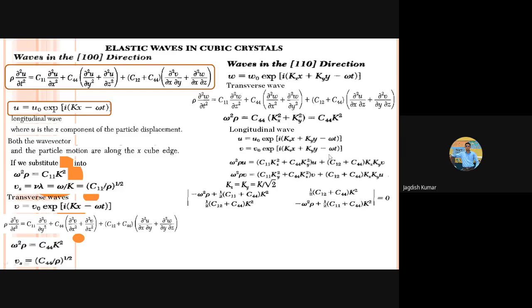You will have something times (U, V) equal to 0, and for this set of equations to have a non-trivial solution, the determinant of the coefficient matrix should be 0. I hope you have done this in your earlier classes. But yes, a lot of shortcuts have been applied here.